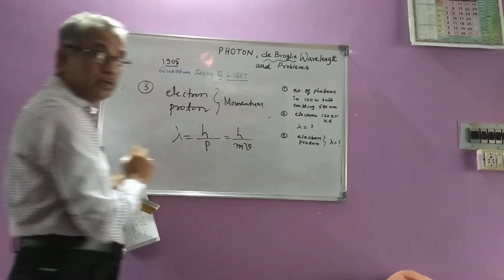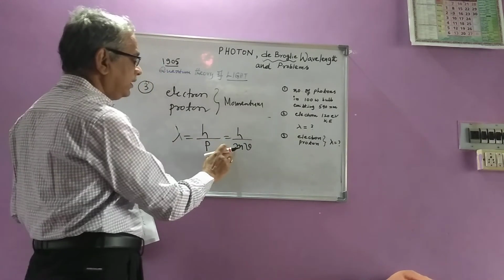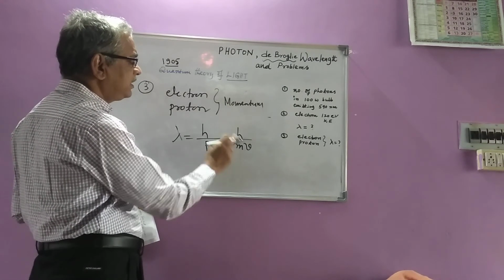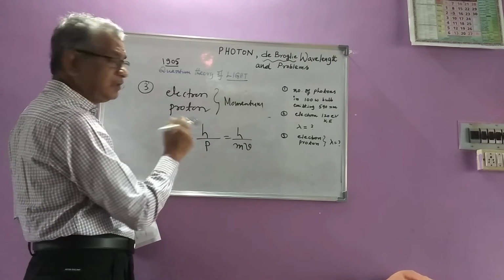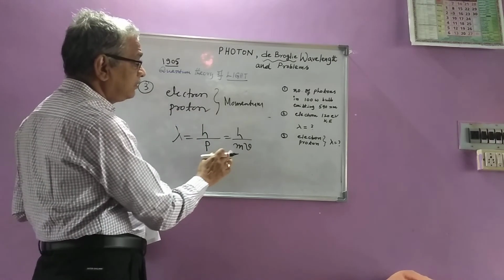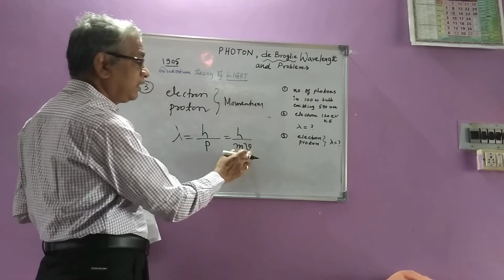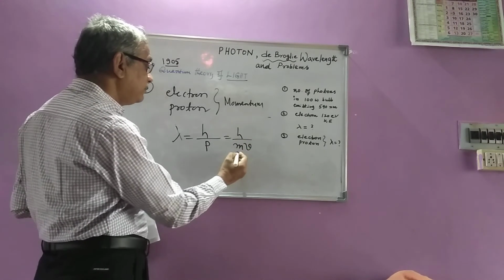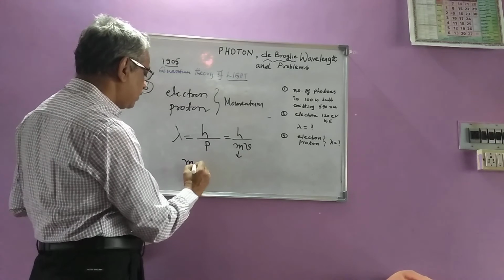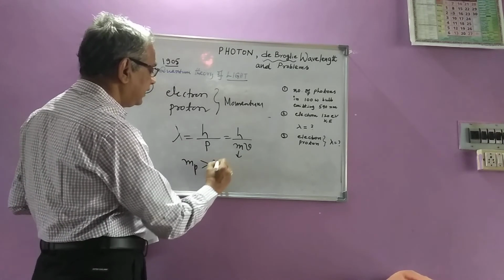Very simple to answer here. h is constant and v is the velocity of the electron, velocity of the proton, let us say. Now they are saying same momentum, which means one's velocity will be more, one's velocity will be less. This m of proton is greater than m of electron.